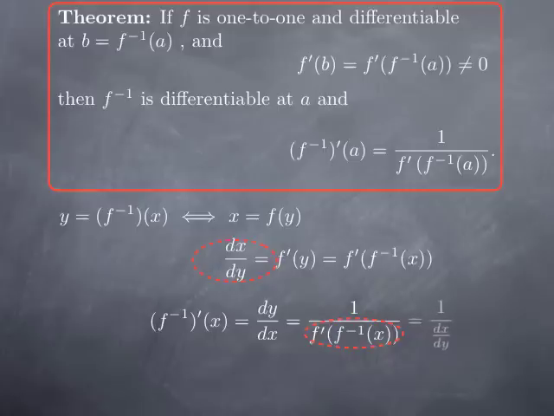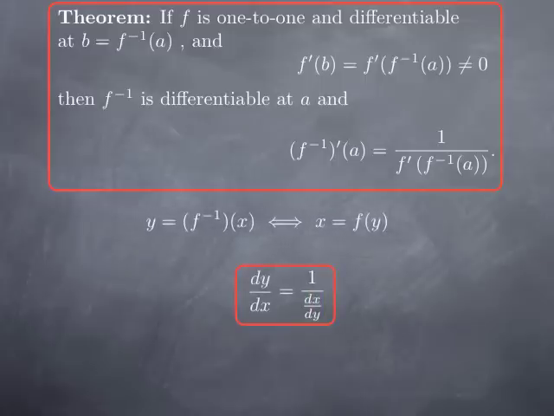In other words, dy over dx is 1 over dx over dy. So you see that the formula we have in the theorem can be reformulated in those terms, which are easy to remember because it's just taking the reciprocal of the fraction.